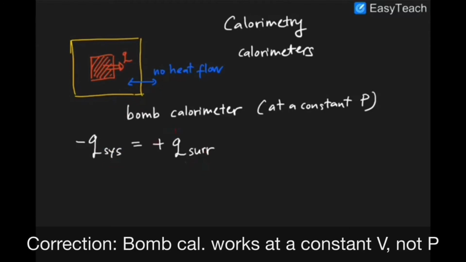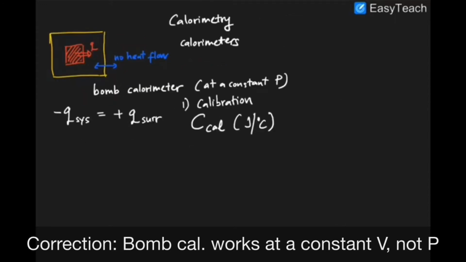There are two steps in using a calorimeter to measure the heat flow. The first one is the calibration step. The calibration allows us to determine what we call the C of calorimeter, or the constant of calorimeter, with the unit of joule over degree Celsius.